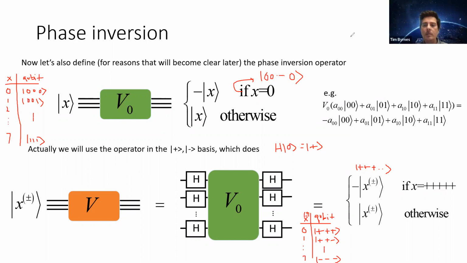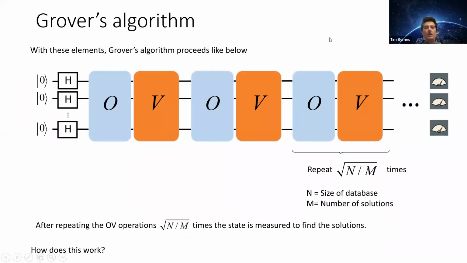Now we can introduce Grover's algorithm. It actually looks pretty simple in terms of the actual algorithm. This is the quantum circuit for it. The initial state is just the 0 state, and then you apply some Hadamards.